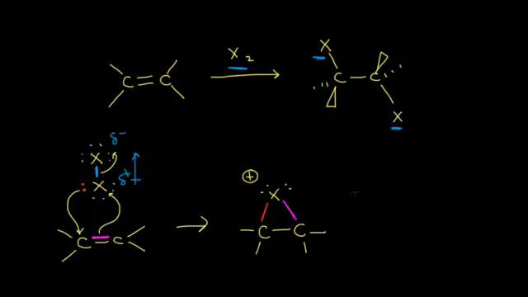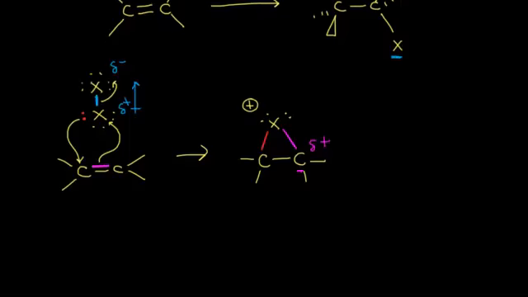If I think about that positively charged halogen, halogens are very electronegative and they want electrons. So the electrons in magenta are going to be pulled a little bit closer to that halogen, which would leave this carbon down here losing a little bit of electron density, giving it a partial positive charge. And so that's going to function as our electrophile in the next step.